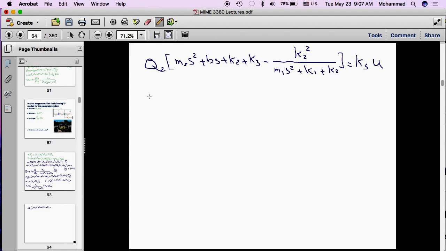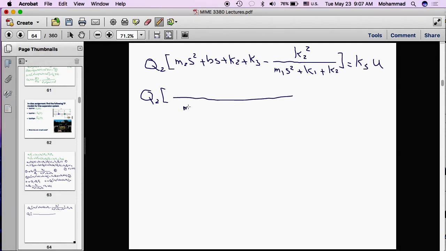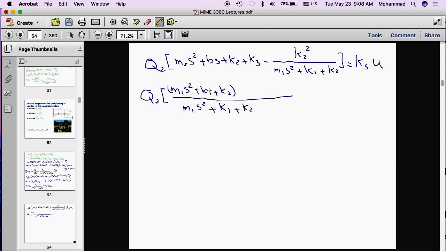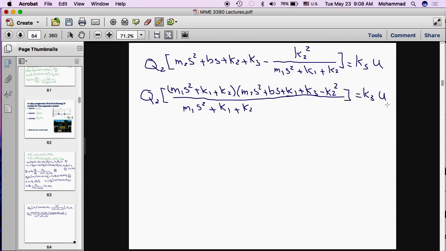So what we can do is we can write Q2 multiplied by, if we make M1 S squared plus K1 plus K2 the common denominator, M1 S squared plus K1 plus K2 multiplied by M2 S squared plus BS plus K1 plus K3 minus K2 squared is equal to K3 times U.